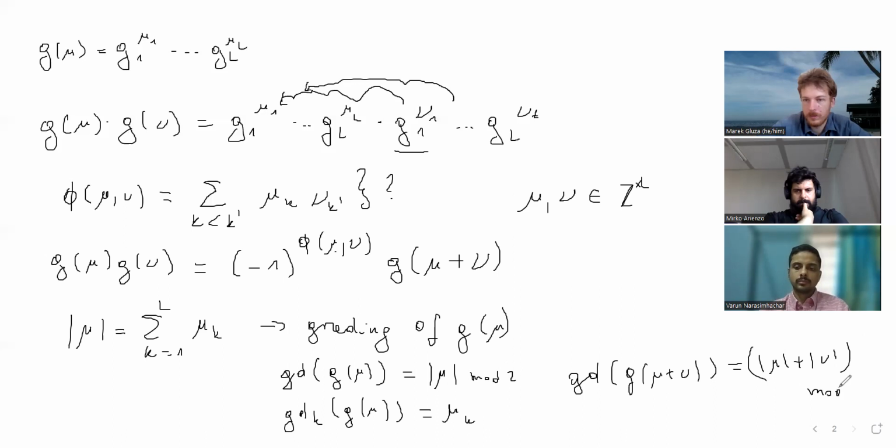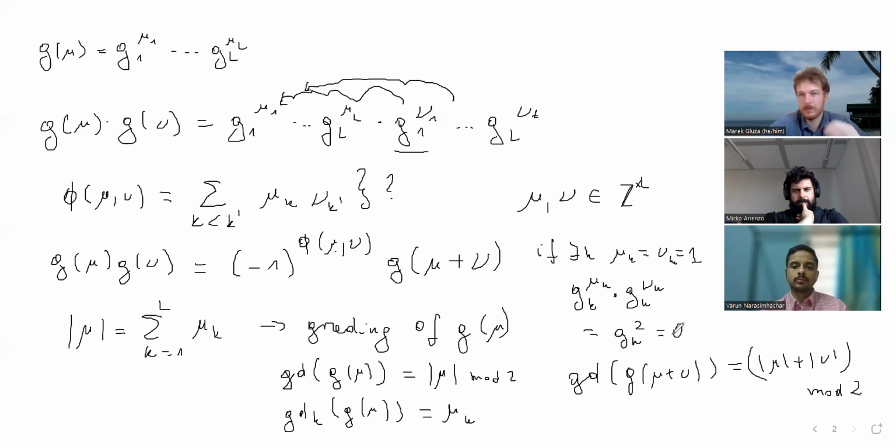The reason for this is that if there is some k such that mu k equals nu k, then I just take those two, put them together, and then I will have Gk to power mu k times Gk to power nu k. As soon as they meet, both equal to 1, both present, then I have Gk to power 2, which is 0. So our grading is sort of defined.